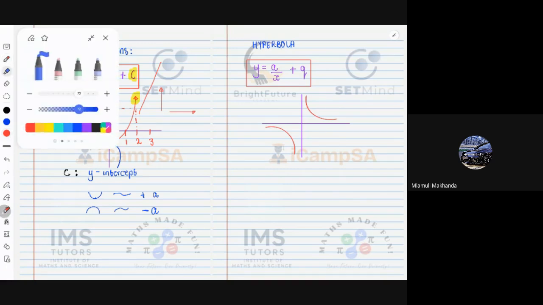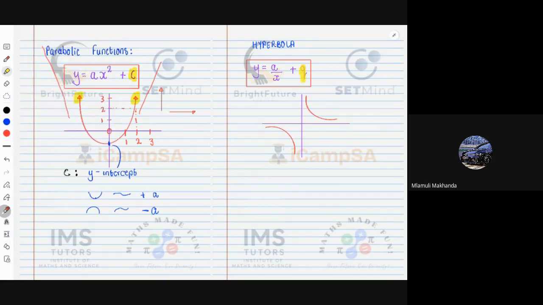And then graphically, or by the formula, that is represented by this value that you see here, q. So instead of having c, which represents the y-intercept of the graph, now we're going to have q, which represents something that we call an asymptote.